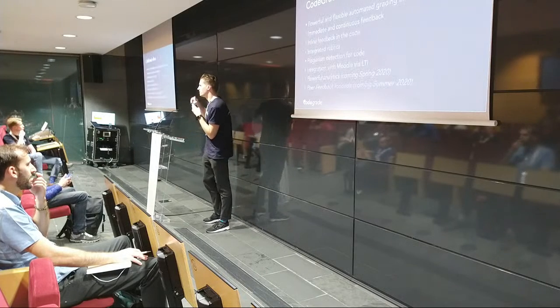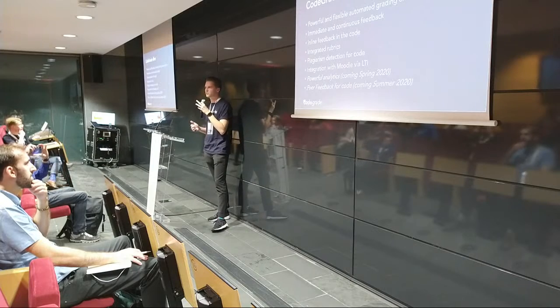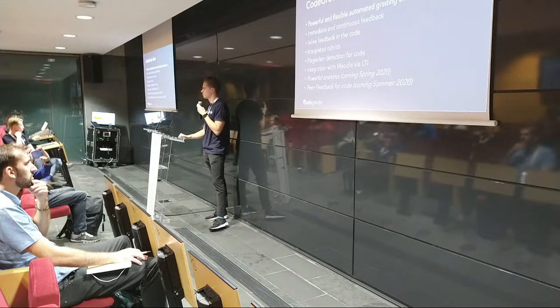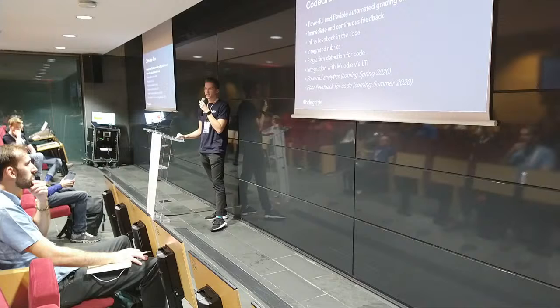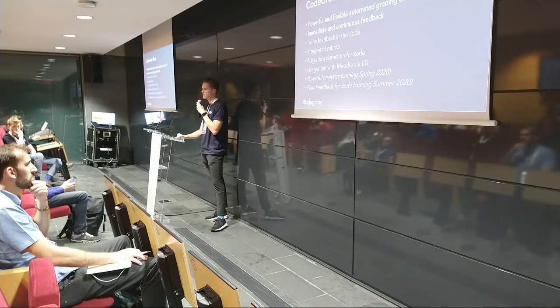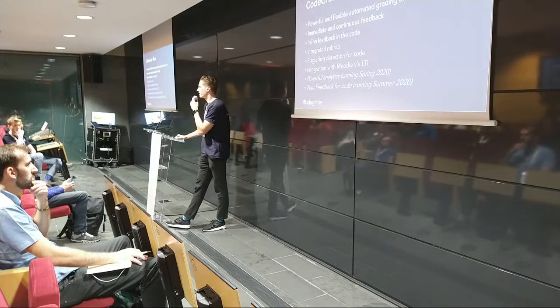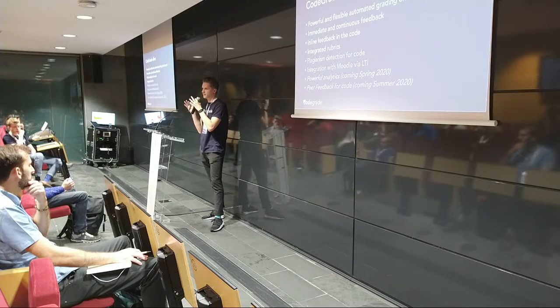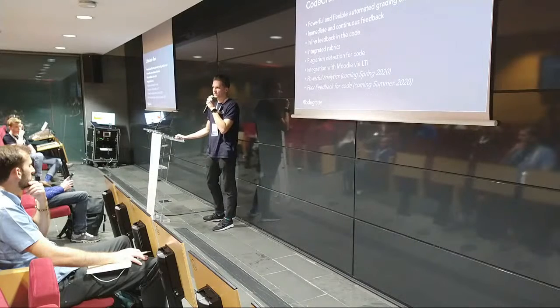And then finally, to wrap it up, we have some other features. So the first one is the powerful, flexible, automated grading environment where you can give immediate and continuous feedback to students. You can give inline feedback in the code. You can use rubrics, which integrate with the automated grading system, but also with manual grading system.